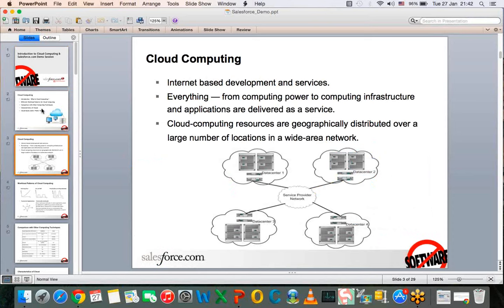Wherever you log in, take an example like Google Gmail. Gmail is actually based on the cloud itself. Even Chrome, the desktop application, is synchronized throughout, wherever you log in, you get your bookmarks and other stuff.